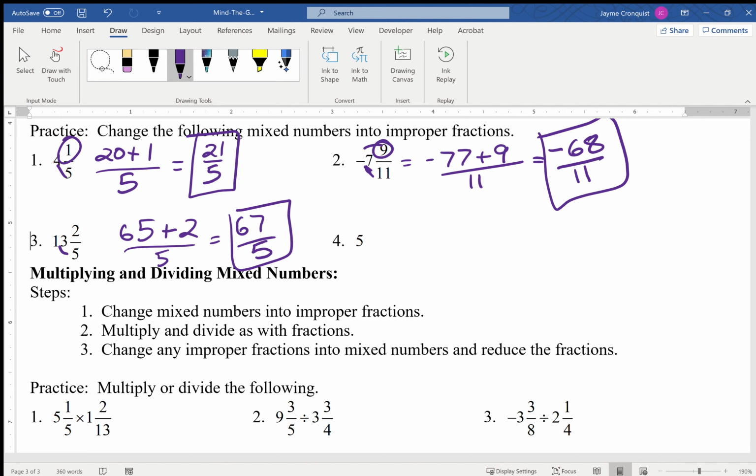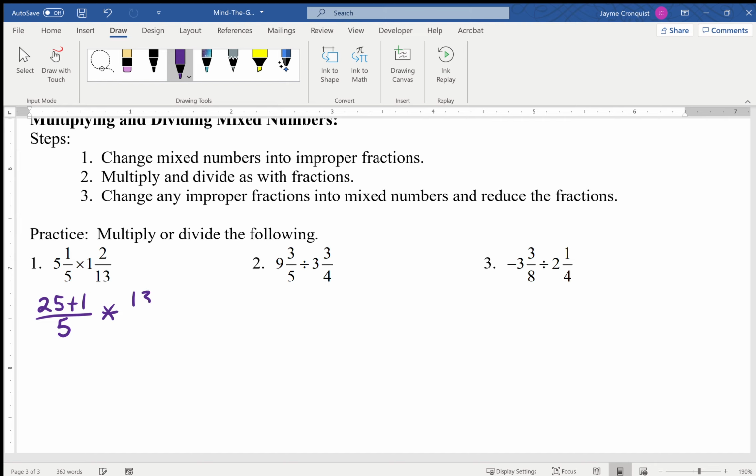All right, multiplying and dividing mixed numbers. Change mixed numbers into improper fractions and then multiply and divide as we did with fractions. So, 5 1/5: 5 times 5 is 25 plus 1 over the denominator, and 13 times 2 plus 2 over 13.